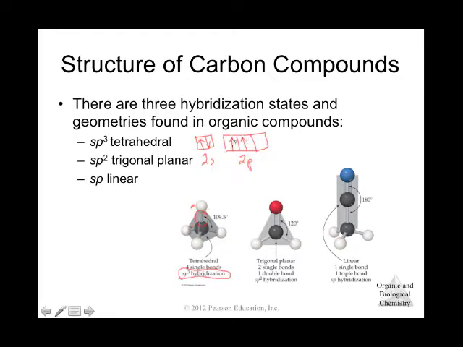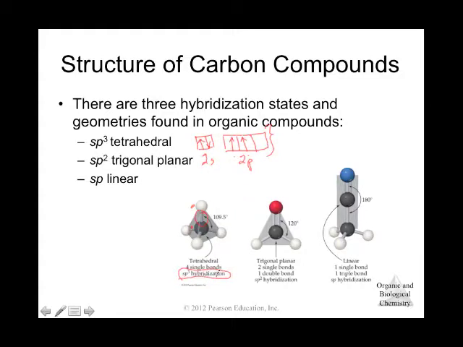Well, according to this electron configuration for carbon's valence shell, it should really only be able to make 2 bonds, because here are 2 unpaired electrons that can be shared with another atom that also has an unpaired electron.